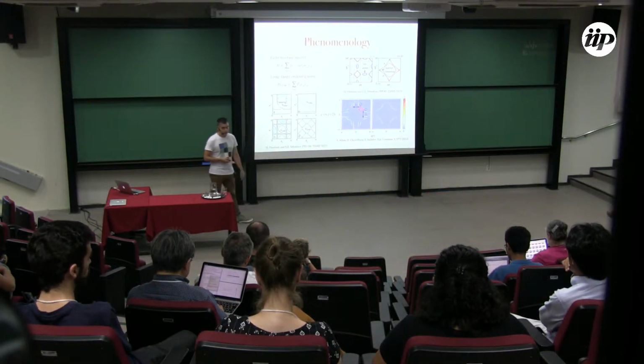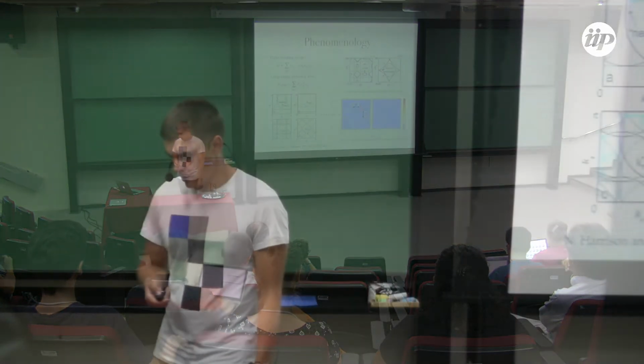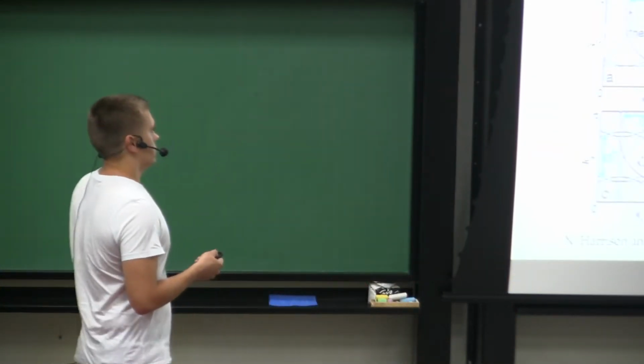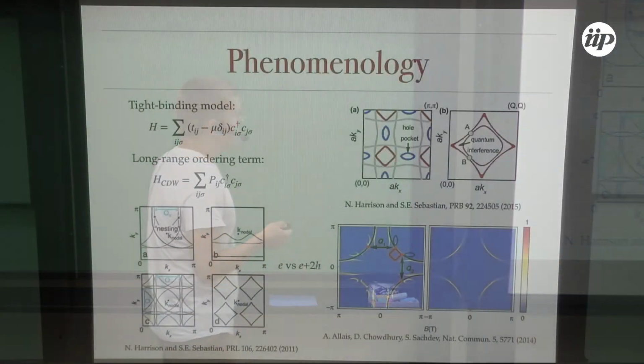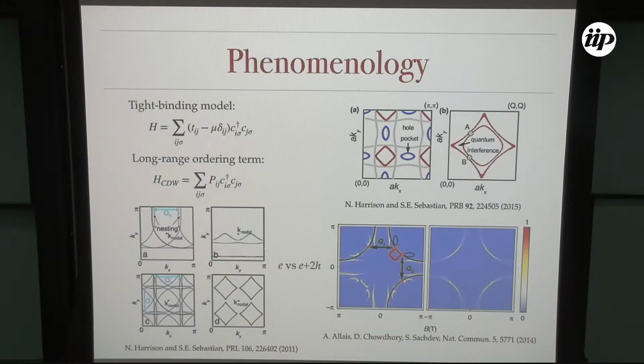The phenomenological approach in describing these phenomena is mostly based on the tight binding model, which is written here. The first achievements in the calculation of the electron pocket, which should be present in the cuprates, were made by Harrison and Sebastian in 2011.